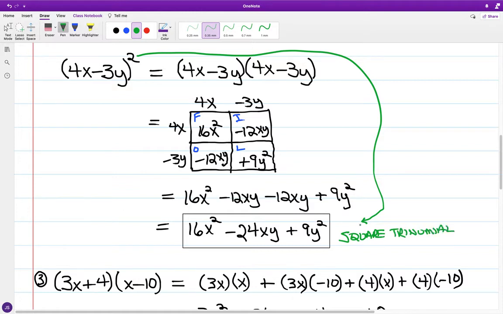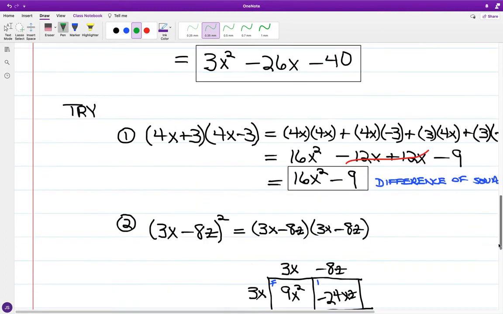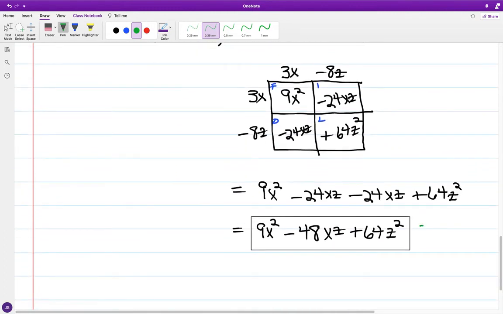In other words, the square trinomial, if you factor, comes out to identical binomial expressions. Same thing here.